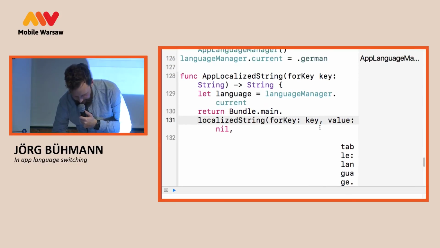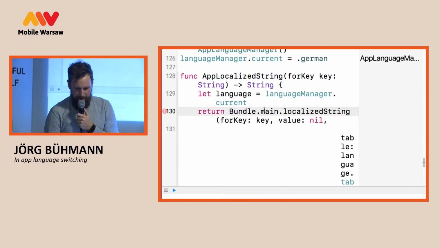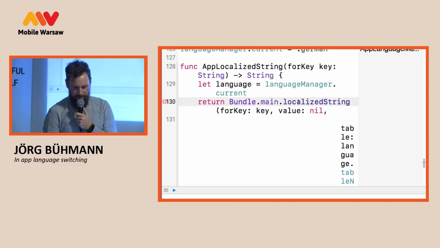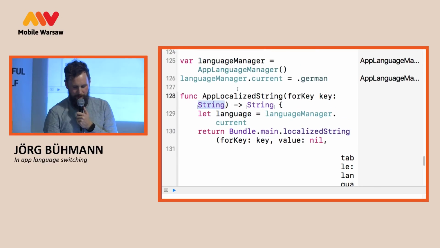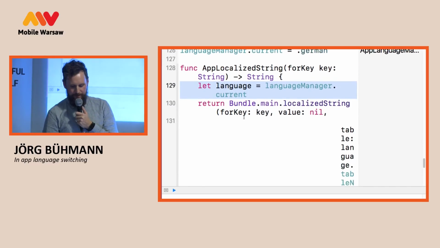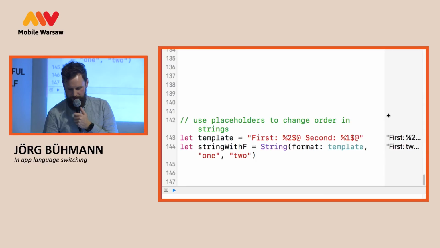So instead of when we re-implement localized string, we basically just call localized string on bundle, and just use our own wrapper where we get the current language and get the name of the table that should be looked up.